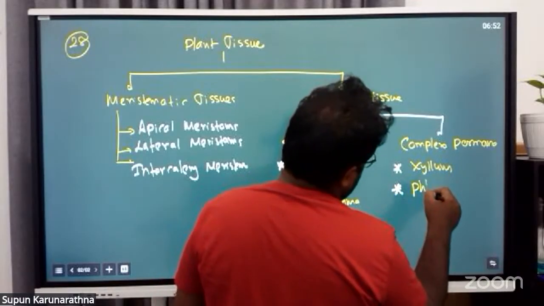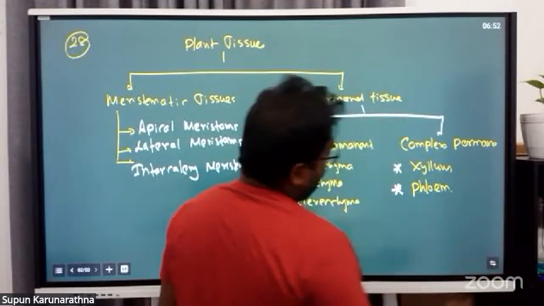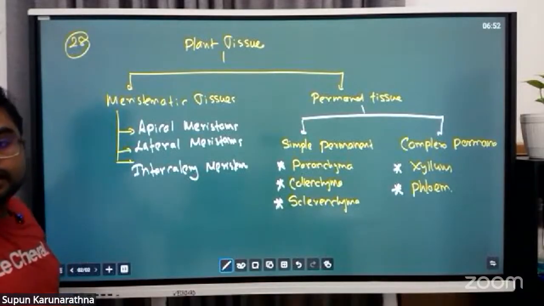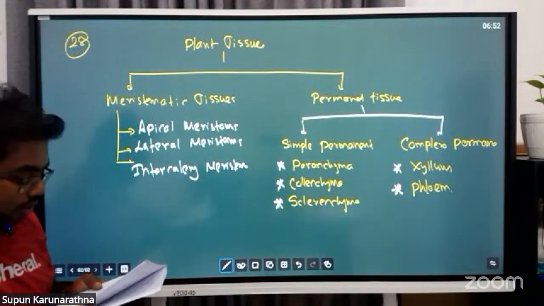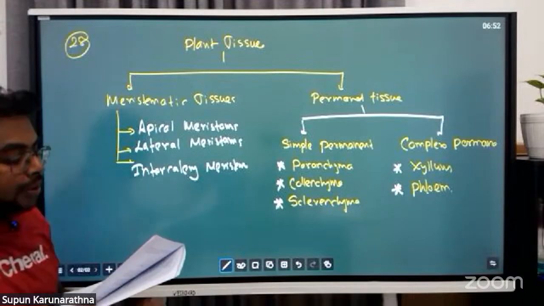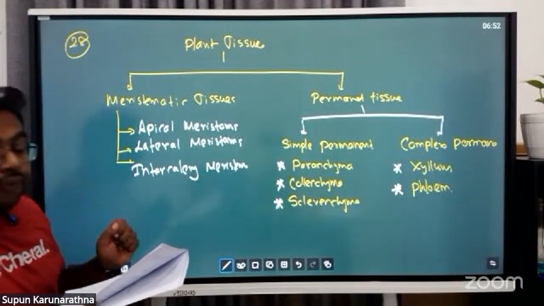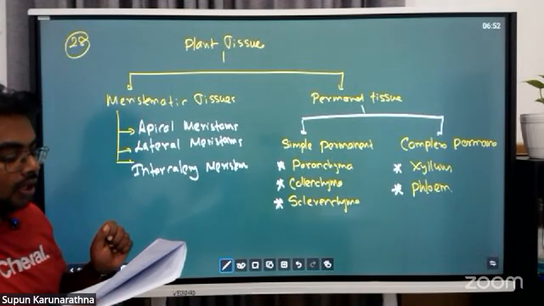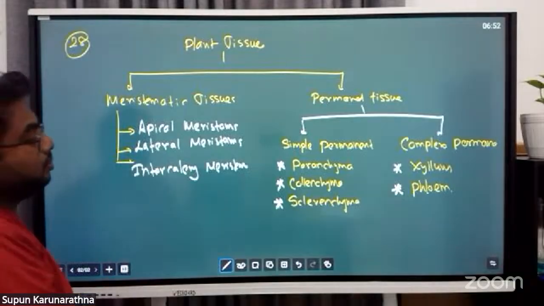Those are the things related to plant tissues. So according to this question, what should be the correct answer? In the first statement, it says that only parenchyma and collenchyma are the simple permanent tissues.